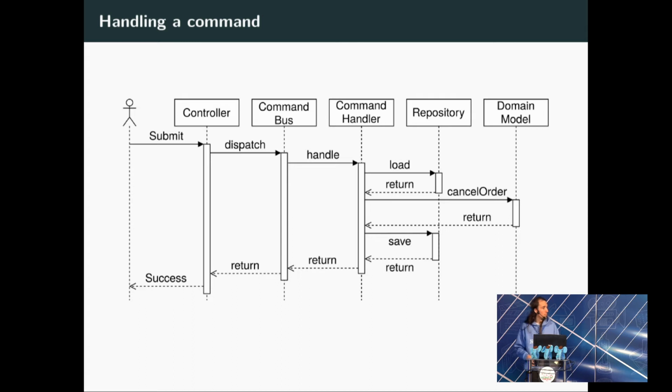After all that's done, we grab any new events that the domain model might have raised, order cancelled, for example, or maybe unable to cancel order, already shipped event, if you've got an error. Could also throw an exception. It depends how you want to model it. And then we save any of those new events back into the repository.